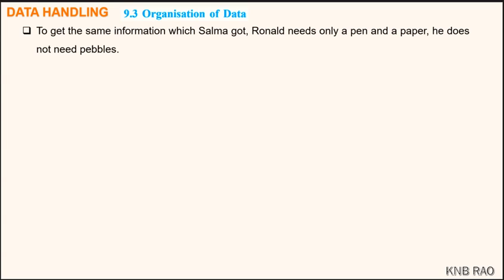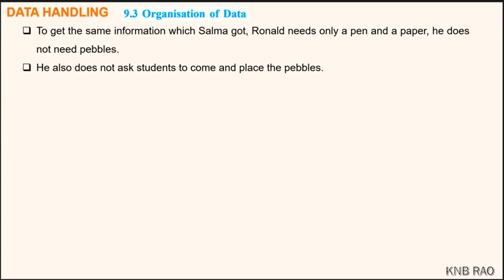So, what did this Ronald do with just pen and paper? To count the choice of the students. He also does not ask students to come and place the pebbles at all.